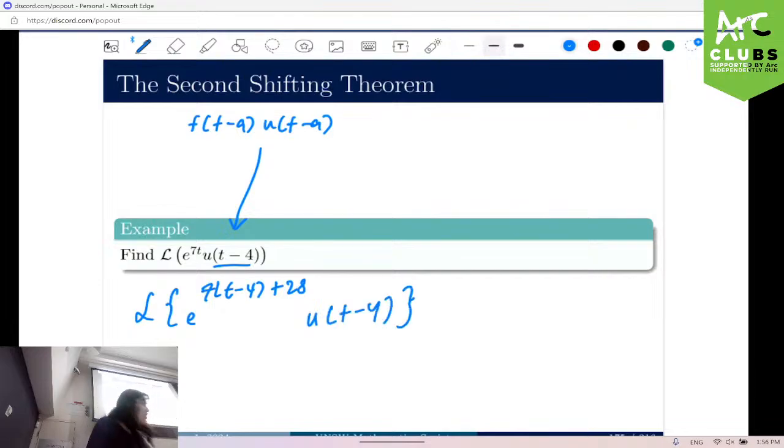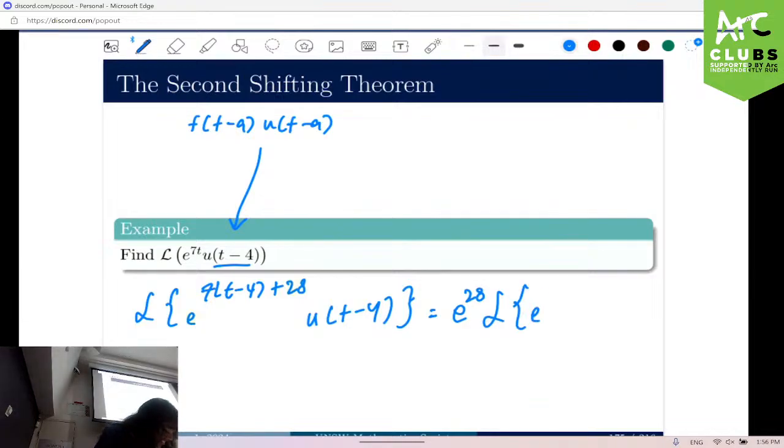And over here we can spot a linearity rule. 28 is a constant, so you take it out. Then 7t minus 4, t minus 4.